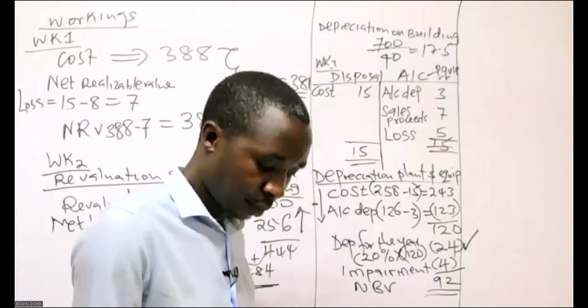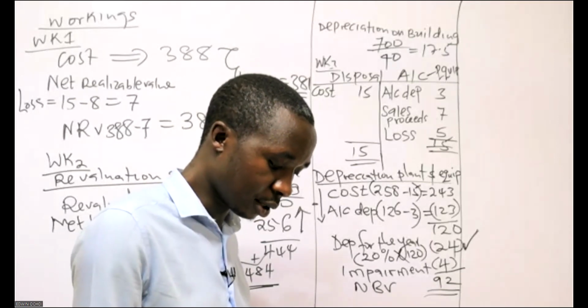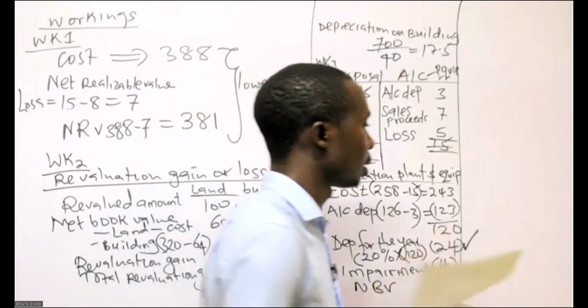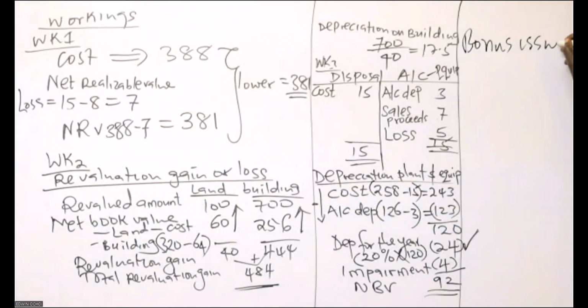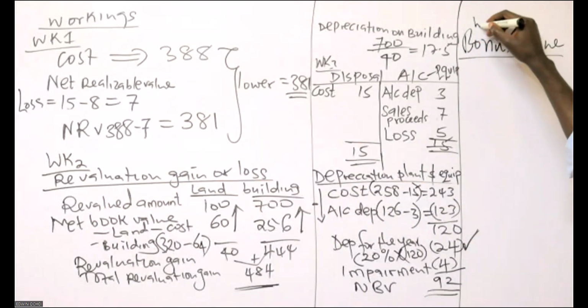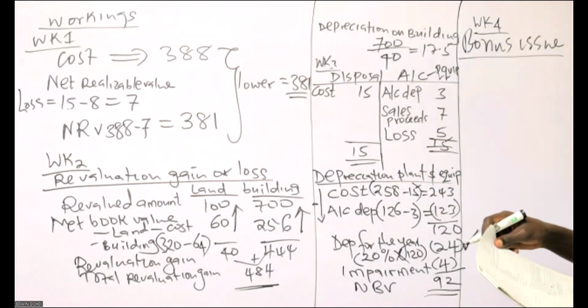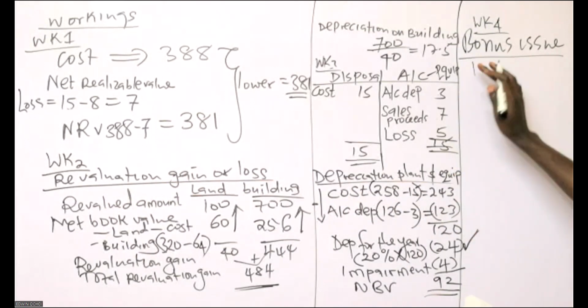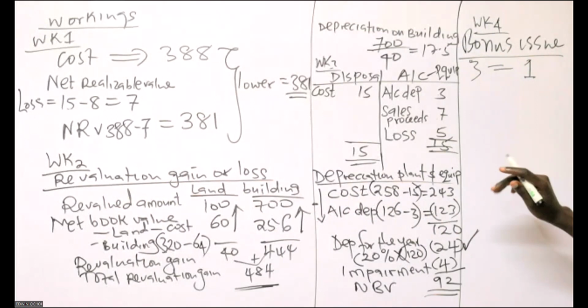So we will determine this transaction had not been accounted for. So the bonus issue, that is the working. The bonus was issued on a certain proportion, that is 1 for 3. So for every 3 shares the shareholders have, they are given 1 for free.